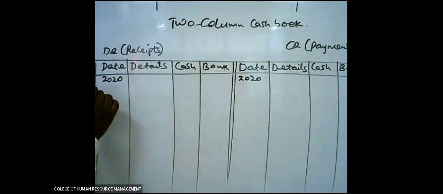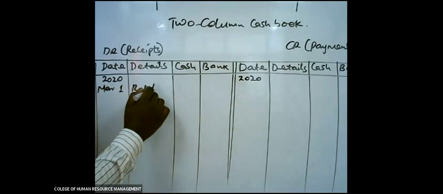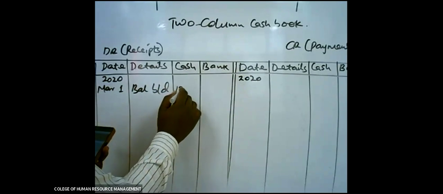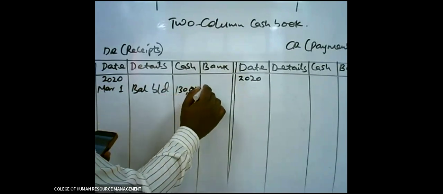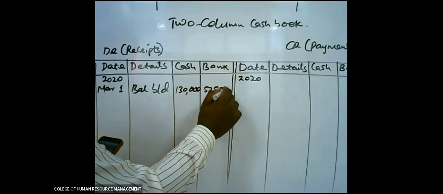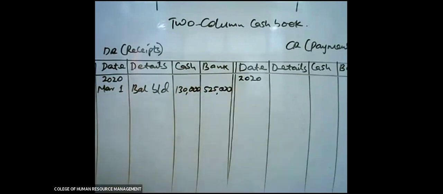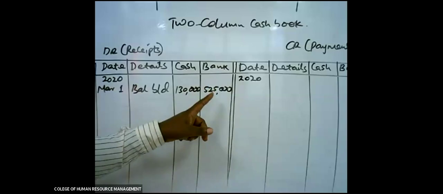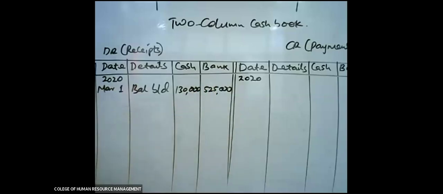The first one is March 1. The balance brought down, balance BD. The cash we are told is 130,000. The starting balance is 525,000 for the bank. So the cash amount you put in the column of cash. The bank amount you put in the column of the bank.